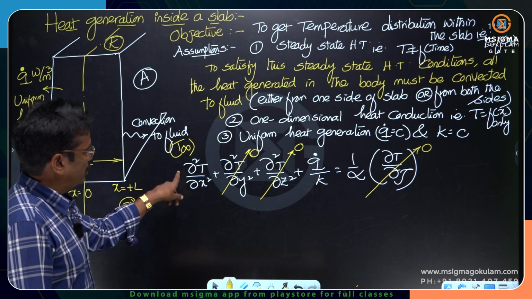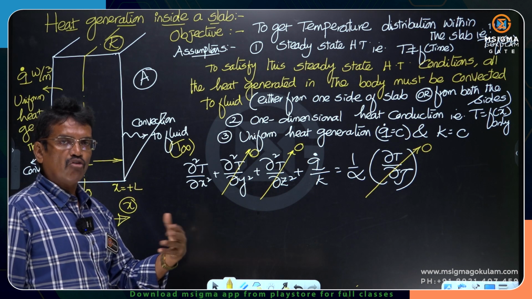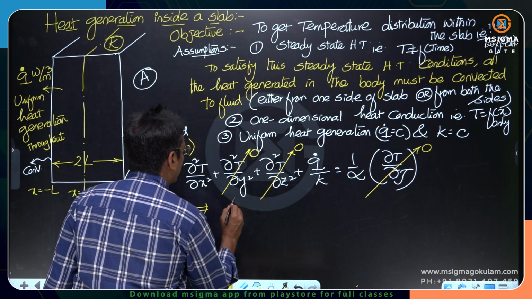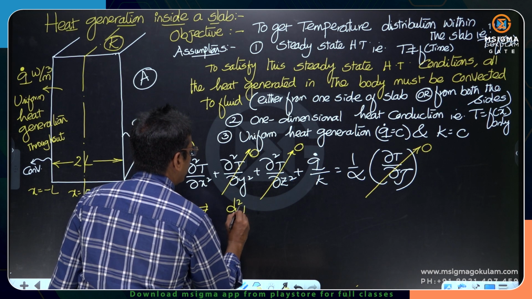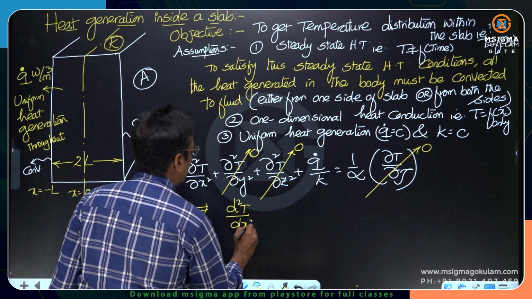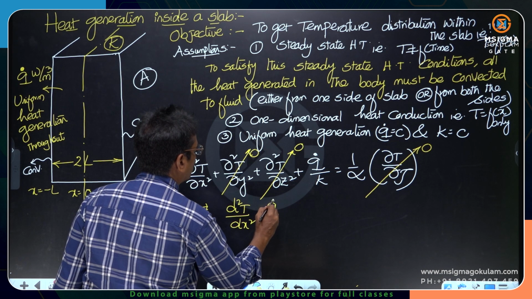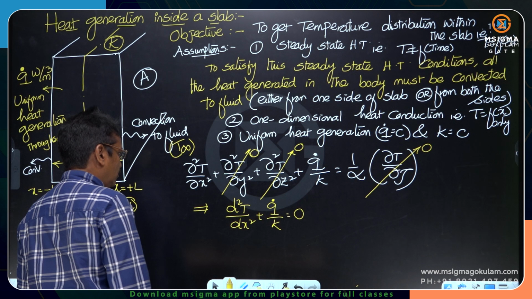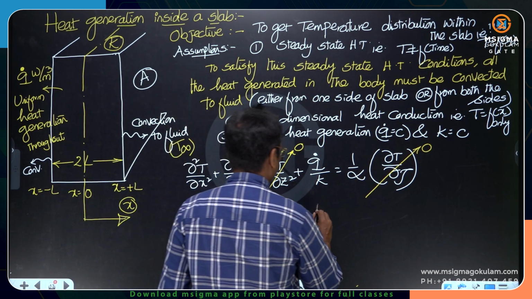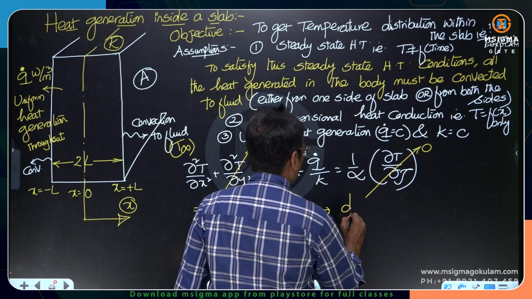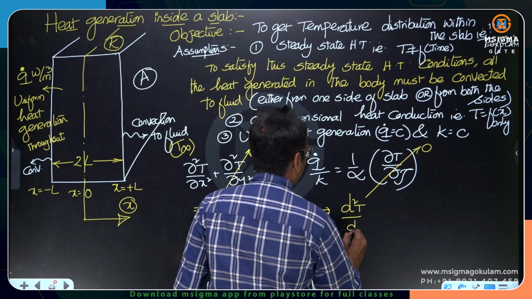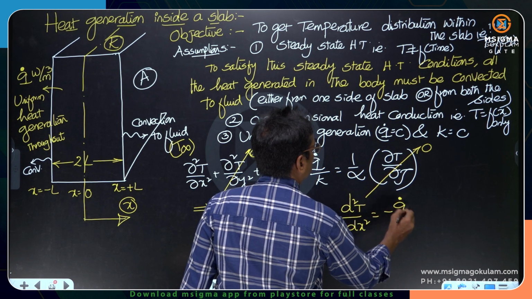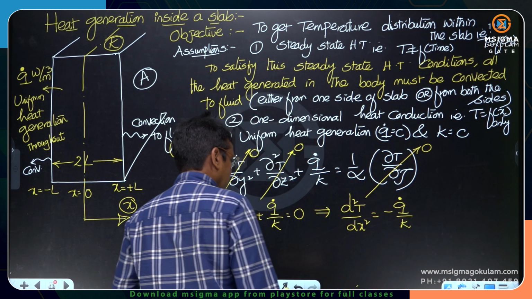So you are left with only two terms. Now we can remove this del and write d, a full derivative instead of a partial derivative. That is, d square T by dx square plus q dot by k is equal to 0. This implies d square T by dx square is equal to minus q dot by k.